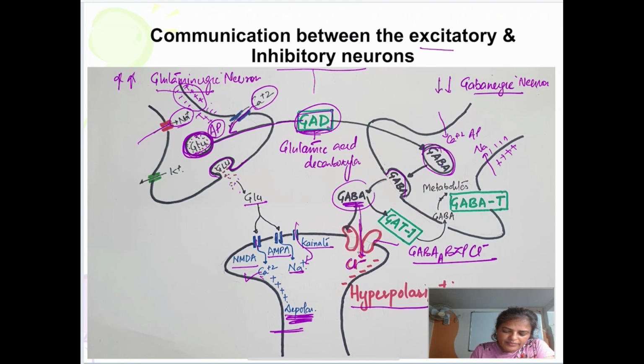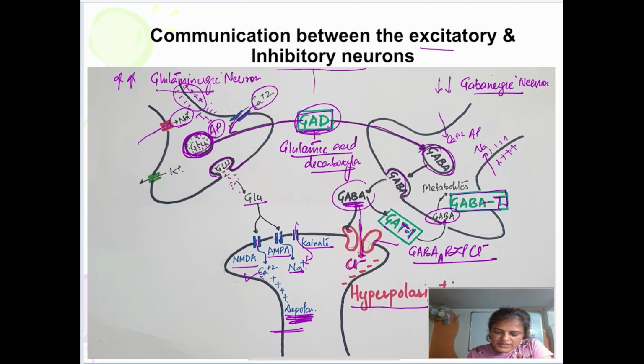Once this acts, it is going to convert the glutamate into GABA, and once this GABA is released, it is reuptaken by the GAT, that is GABA transporter 1. Once it is reuptaken within the neuron, it is metabolized by the enzyme GABA-T.